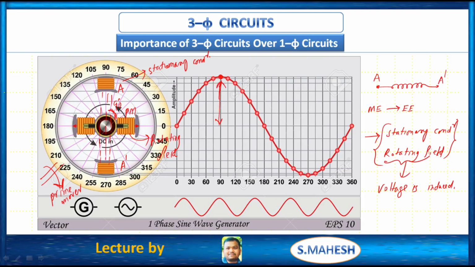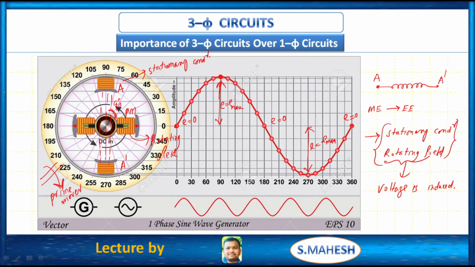This is the place where there is no EMF, E equals 0. At this place we get maximum EMF. At this place we get 0 EMF. From here to here we get minus Emax, the negative value of maximum EMF. At this place we get 0 EMF.